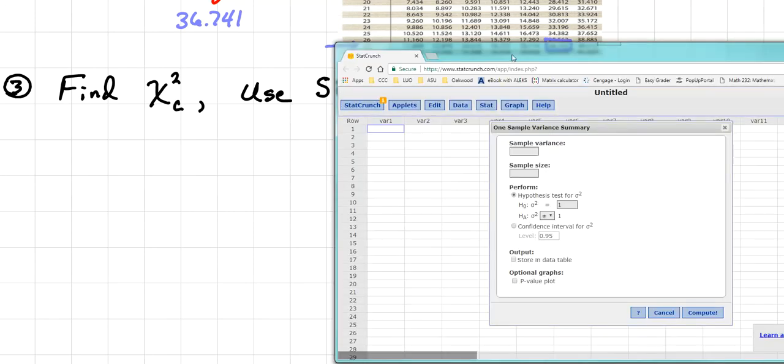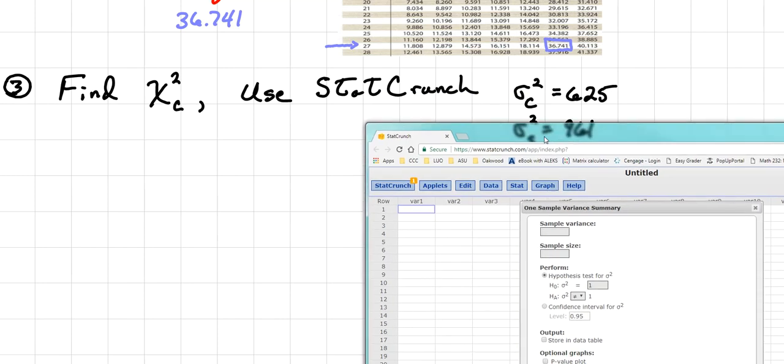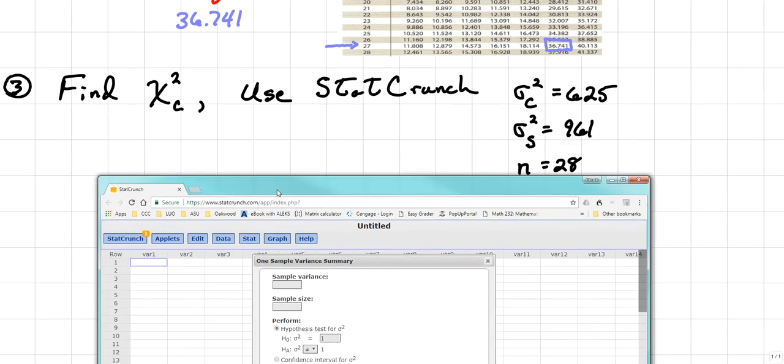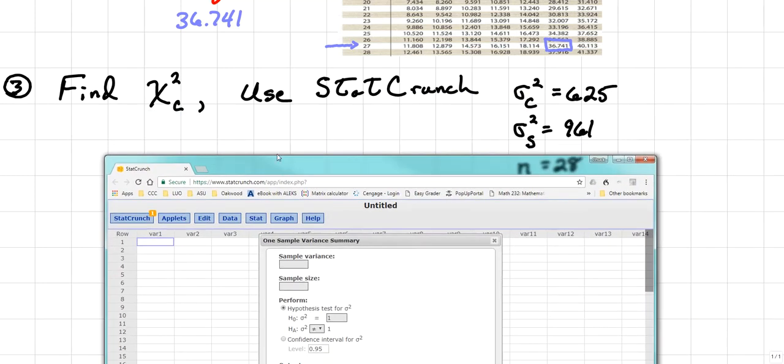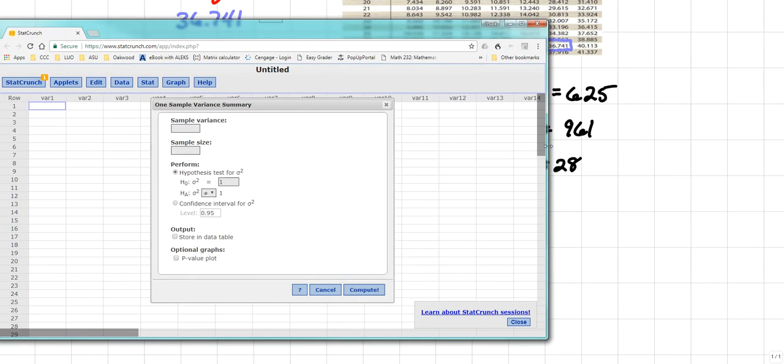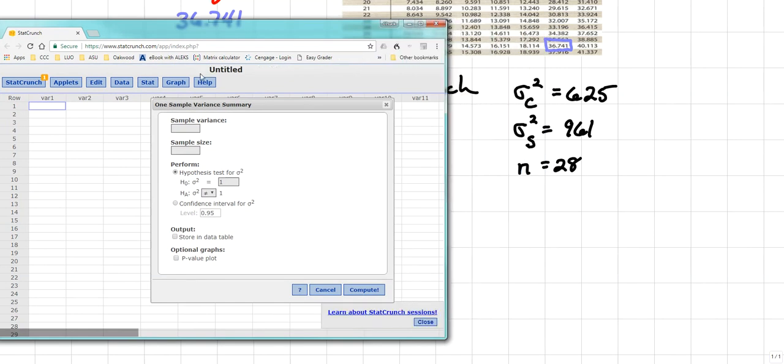So let's look at StatCrunch and let's plug these numbers in. So the sample variance in this case is 961. Let me make that a little smaller. So type in 961. Your sample size is 28. The hypothesis test for the variance, remember that the value that we have here is 625.